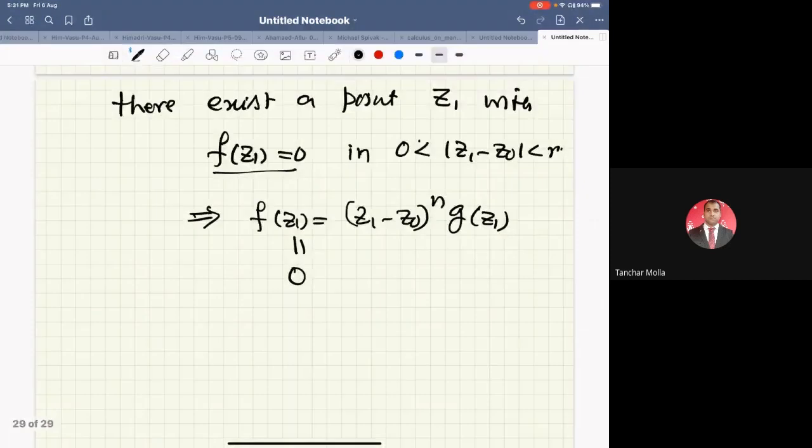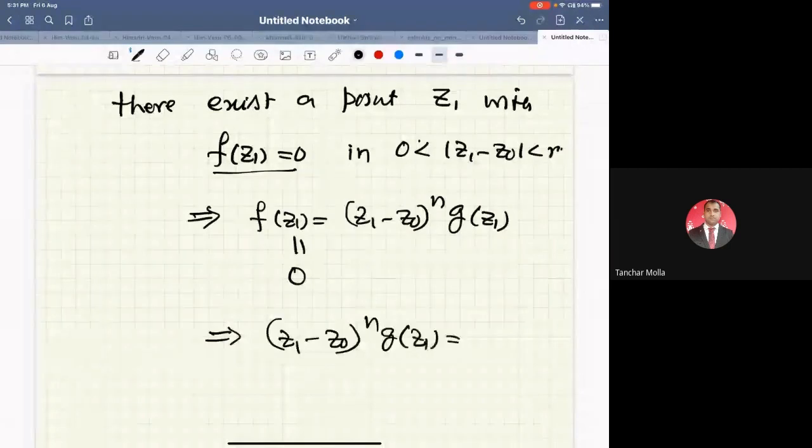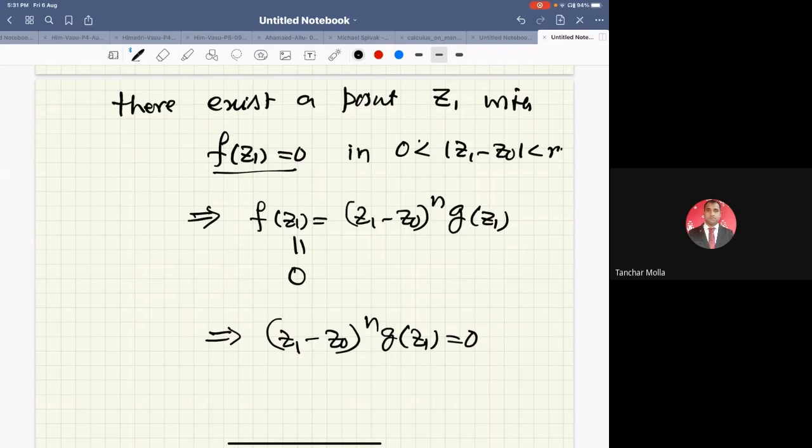This implies Z1 minus Z0 whole to the power of n into g of Z1 equals to 0. Now, Z1 not equals to Z0. This implies g of Z1 equals to 0 since Z1 not equals to Z0.